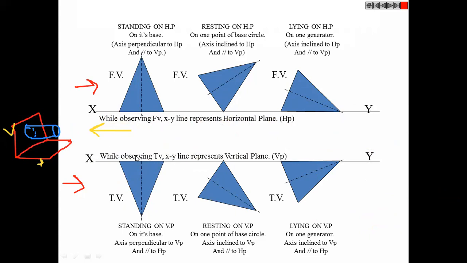Are you getting me? What question am I asking? Am I audible? Yes, sir. This is the object which is resting in VP. This is the vertical plane. It is resting in VP. I have shown you.